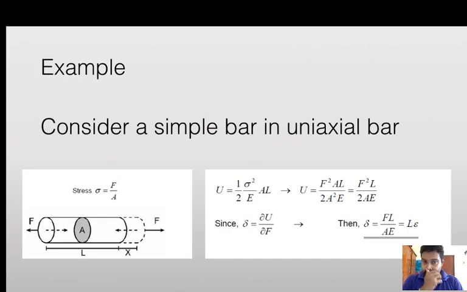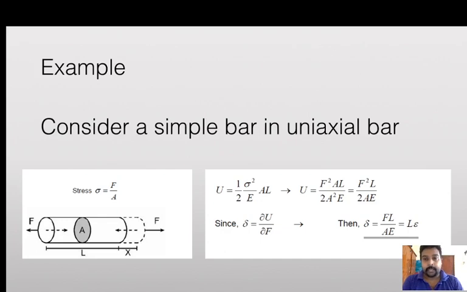For example, let's take a simple bar in the uniaxial direction. If you apply a force F on both sides, the stress equals force divided by area, and the strain energy U equals half sigma squared divided by E, times the area times the length.